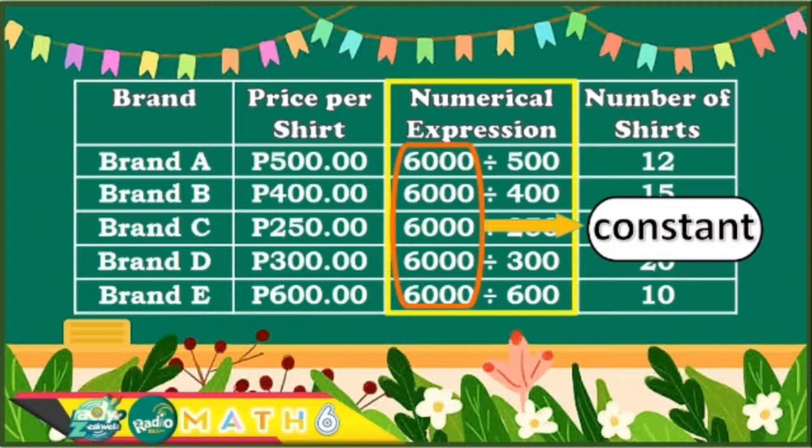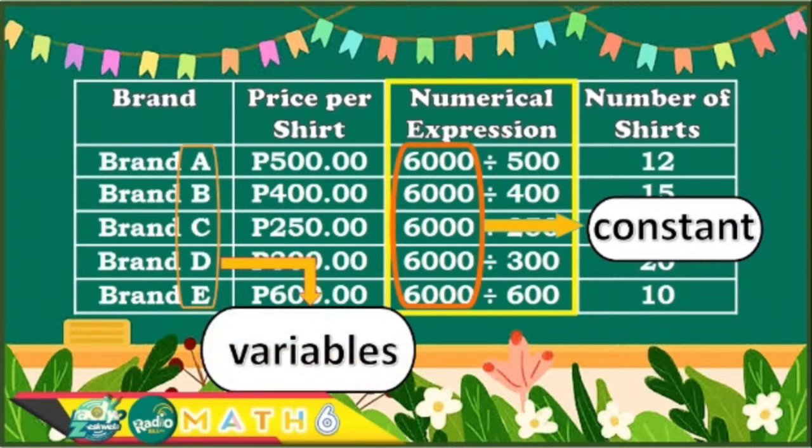If you do not know the price of the polo shirt, we can use a variable to stand as the price. In that way, we can write an algebraic expression for the number of shirts. Now, to represent the price of each brand of shirt, we make use of a variable and write an algebraic expression to represent the number of shirts that Glenn can buy for 6,000 pesos.